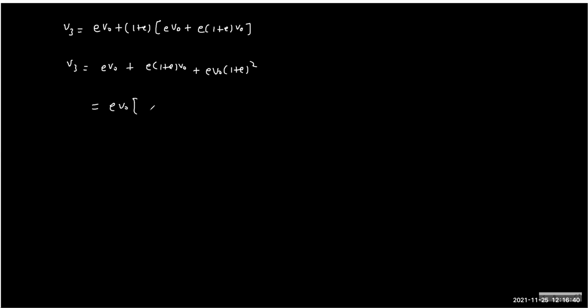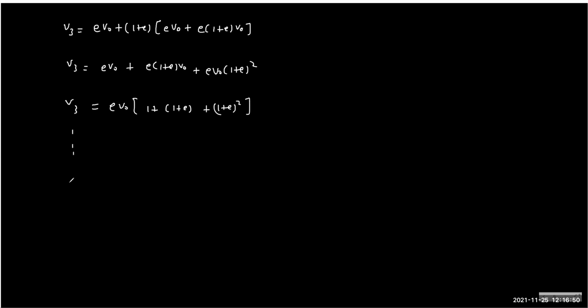So V3 equals to eV naught into eV naught plus, now we need to find some pattern eventually. So we can take common eV naught. What do we get? Yeah. Now that is the pattern.